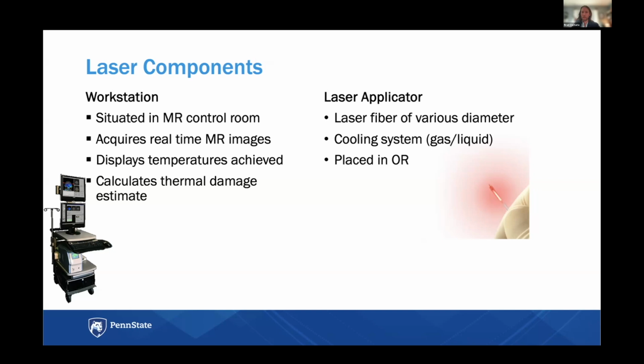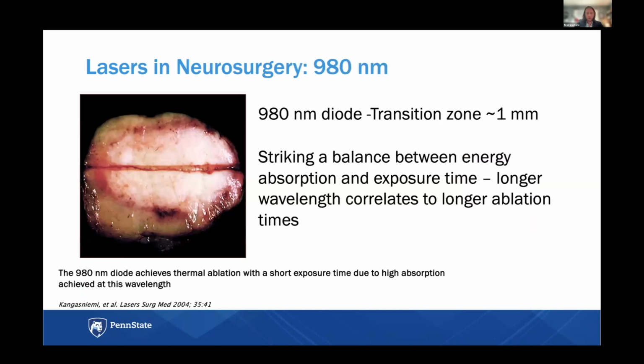The laser applicator itself is a fiber of various diameters depending on the system. It has a cooling system, either a gas or liquid medium, that's typically placed in the operating room.